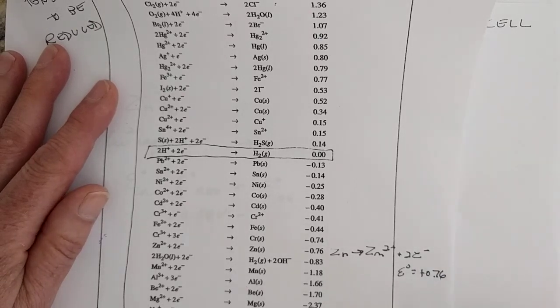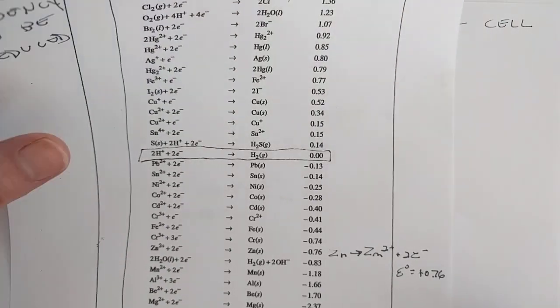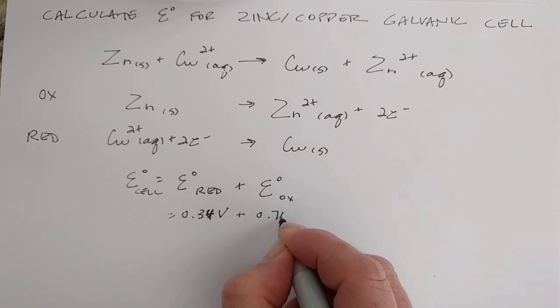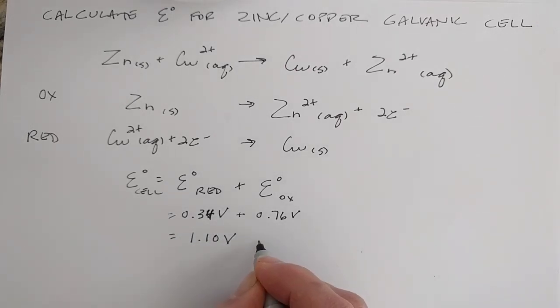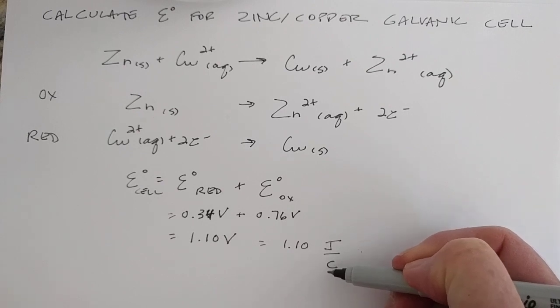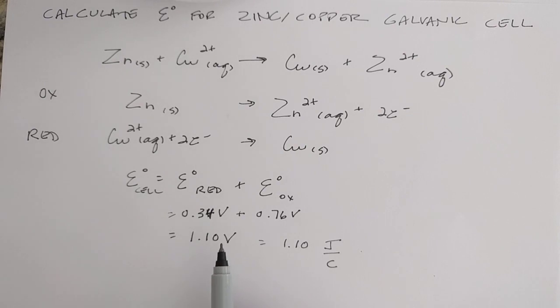So you're always going to be flipping the oxidation sign. Okay, so this is positive 0.76 volts. So the E0 of our cell is 1.10 volts. And that is the same thing as 1.10 joules per coulomb, the energy per unit charge. So the higher this value, the more oomph or driving force the electrons have to go through the wire.